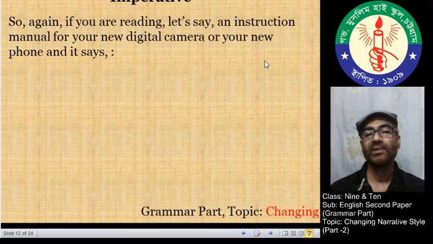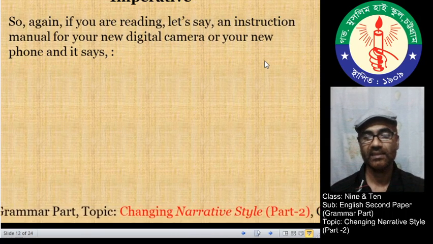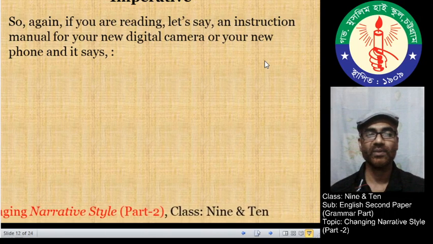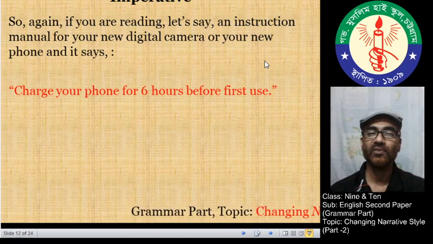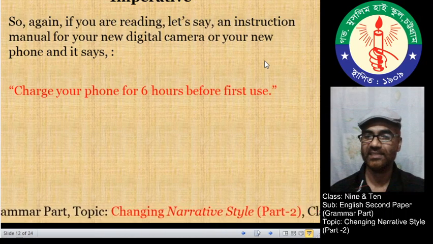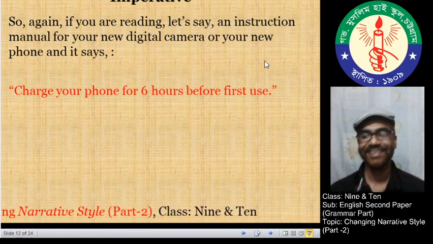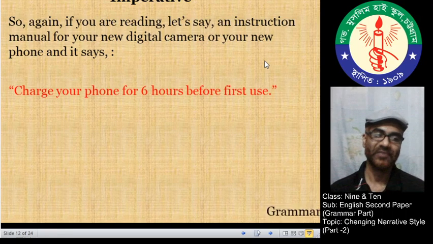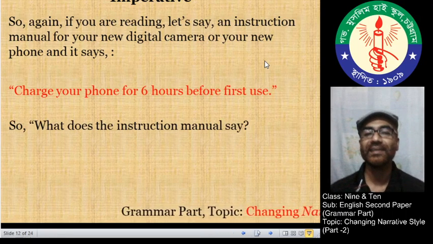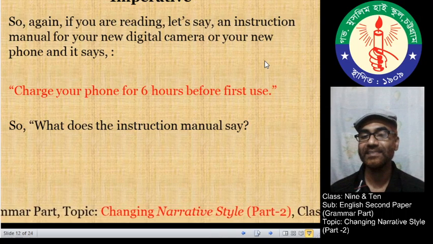So again, if you are reading, let's say, an instruction manual for your new digital camera or your new phone, and it says, "Charge your phone for 6 hours before first use." I think you all know about this. So what does the instruction manual say?